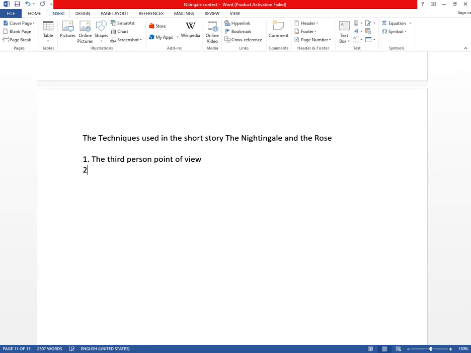Second technique, use of poetic language. Write down.